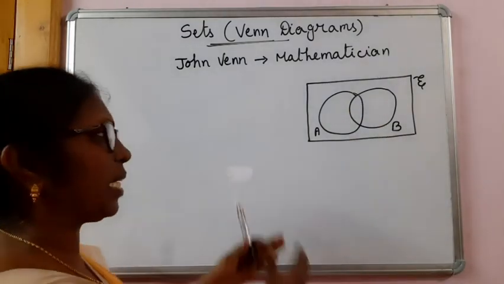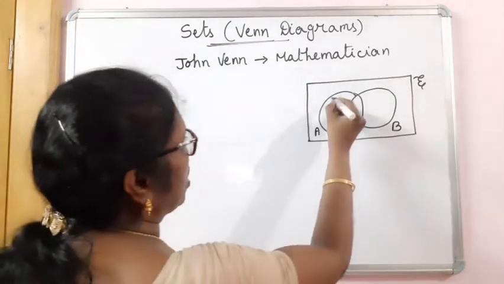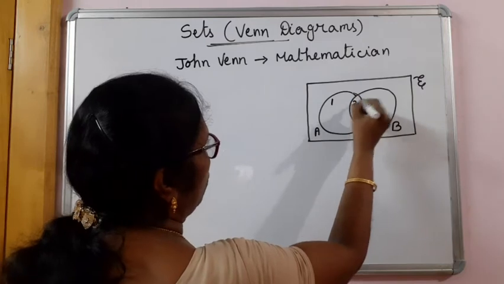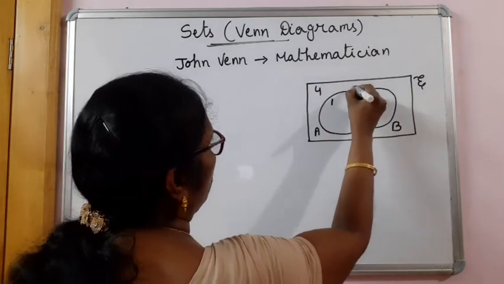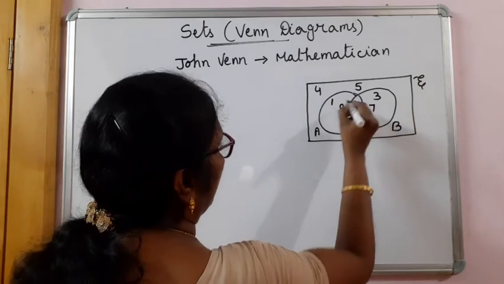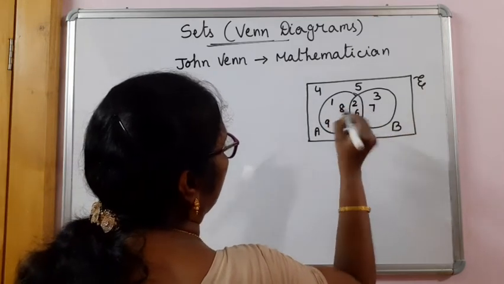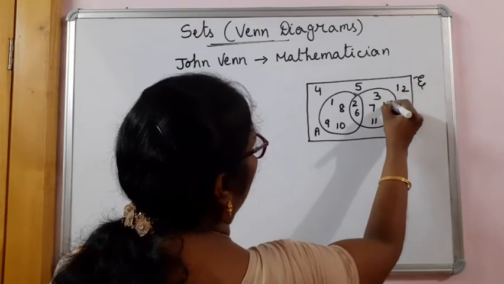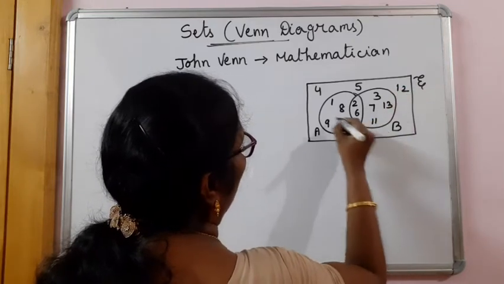First, let me explain it. Suppose here we have 1, 2, 3, 4, 5, 6, 7, 8, 9, 10, 11, 12, 13, 14, 15.